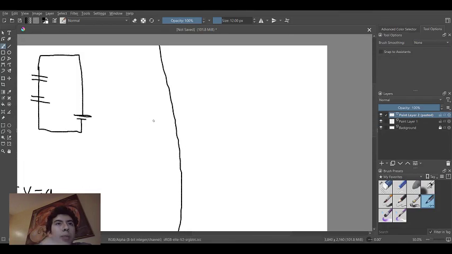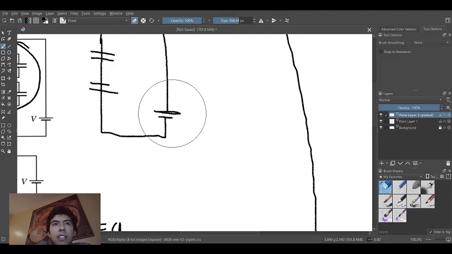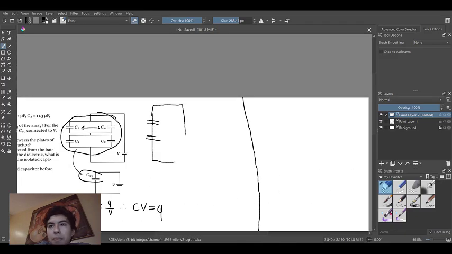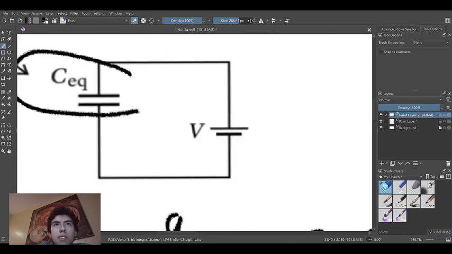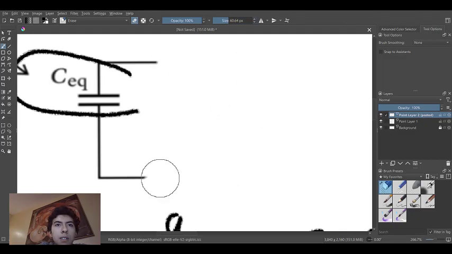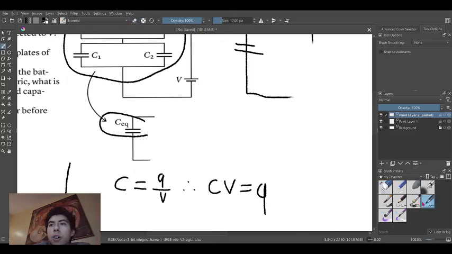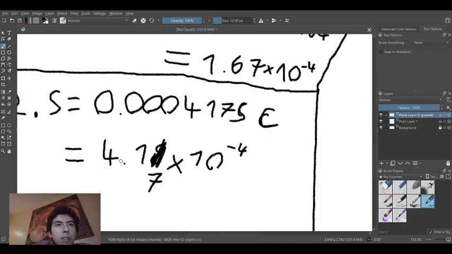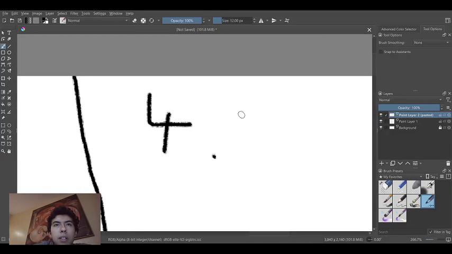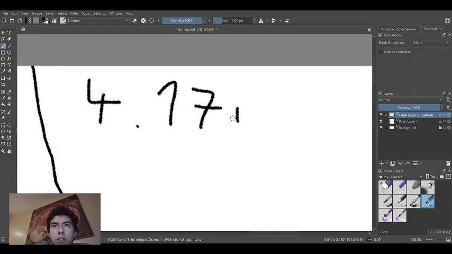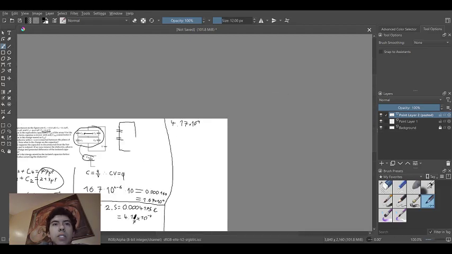Because this is essentially Thanos snapped from existence and the capacitor stays alone, the charge has nowhere to go. It will stay at the constant 4.17 times 10 to the minus 4.